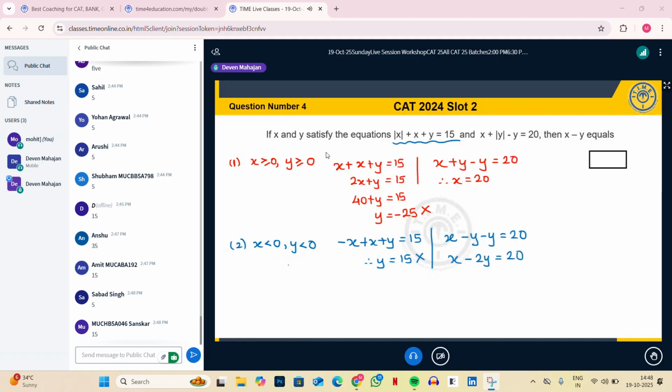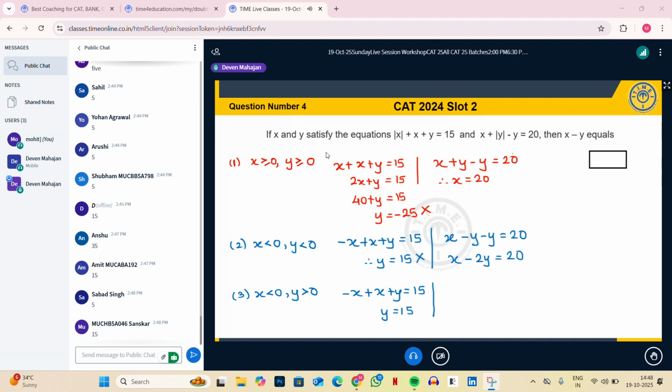थर्ड केस, suppose we assume x is negative, y is positive. x is negative and y is positive. तो अभी ये जो पहला इक्वेशन है, modulus of x will become minus x plus x plus y equal to 15. और इससे आपको y 15 मिलेगा which is ok. y अभी पॉजिटिव है इस अजम्पशन में.